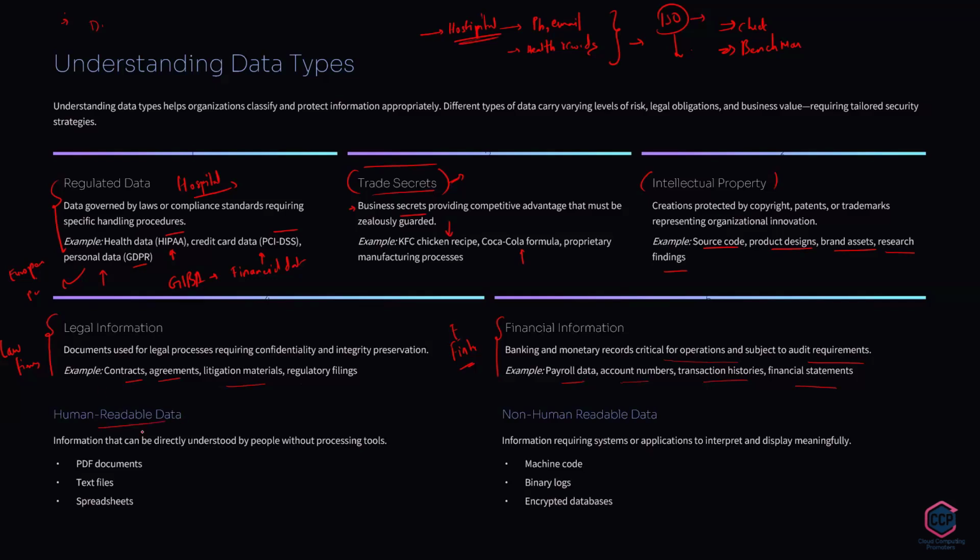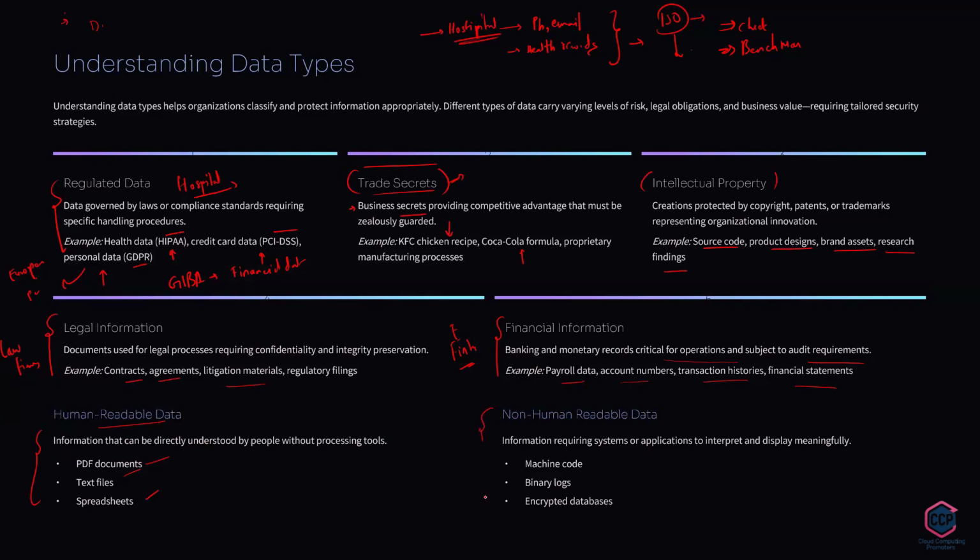Human readable data, like PDFs, documents, and spreadsheets, all possess data which is easy to read.